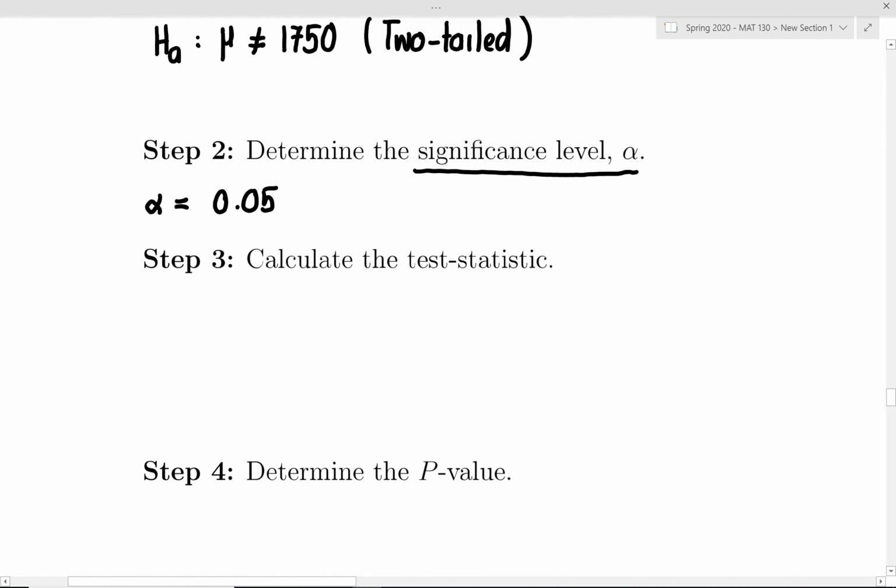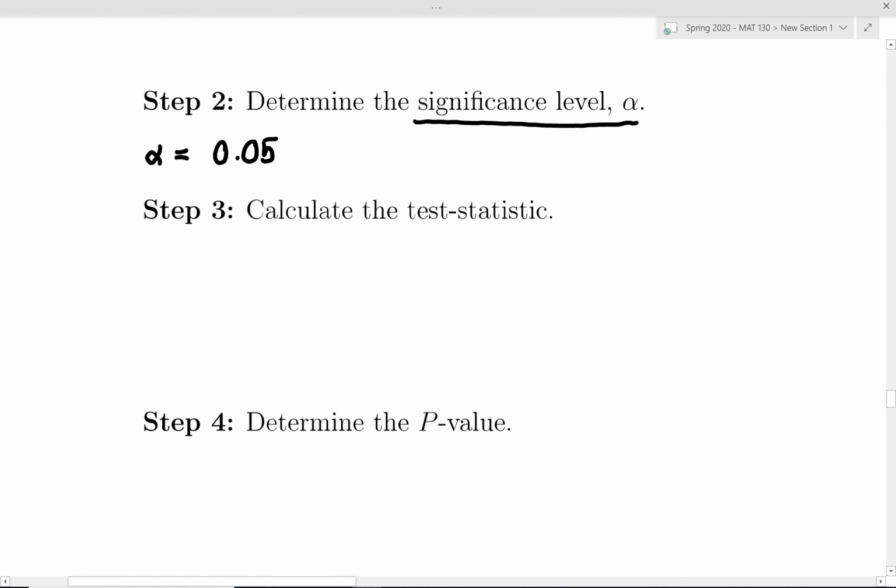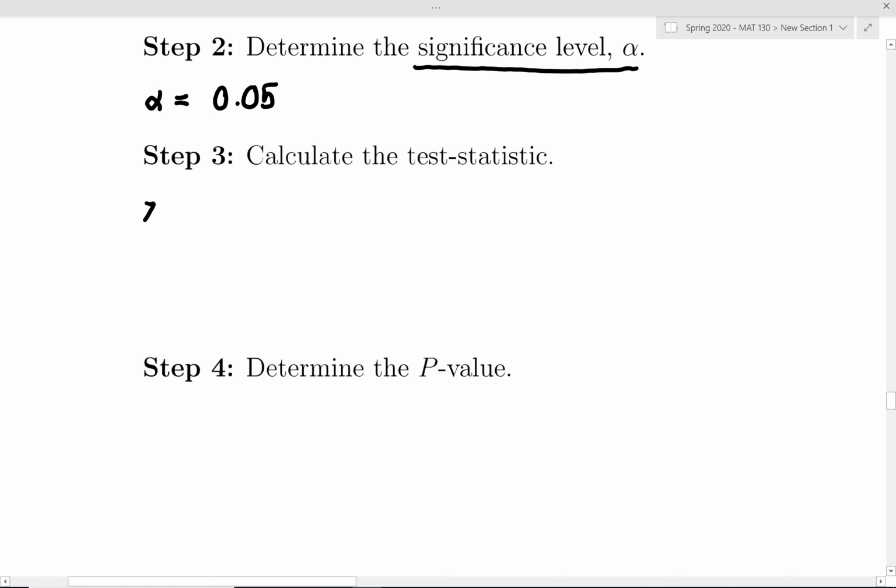So the third step is, since we're doing a one mean z-test, we would like to compute the z-value test statistic. The formula for the z-value is x bar minus mu naught divided by sigma over the square root of n.